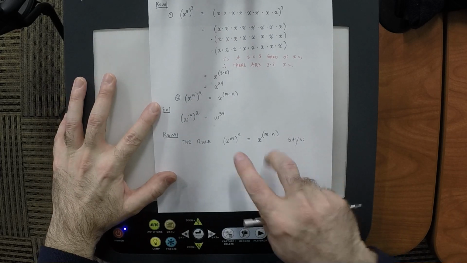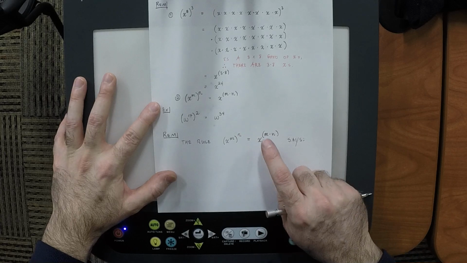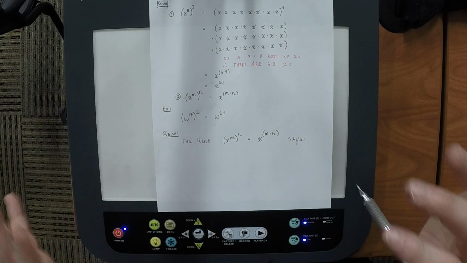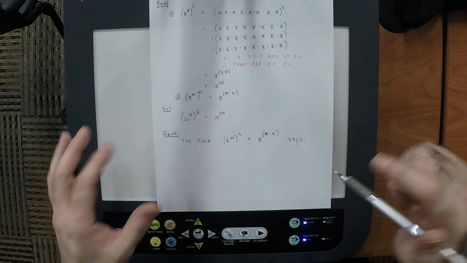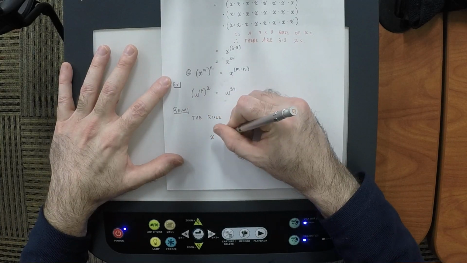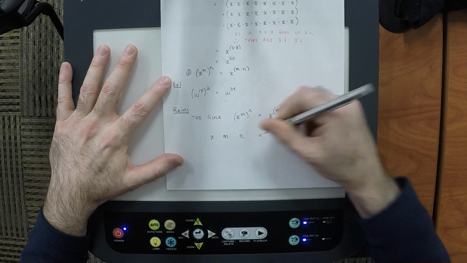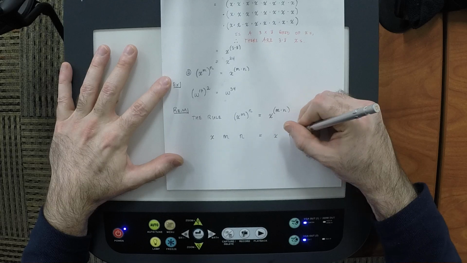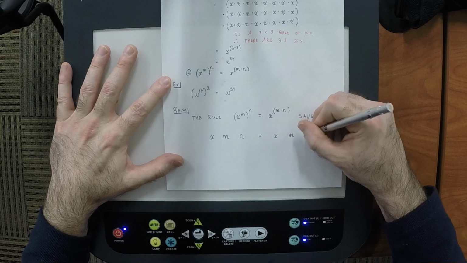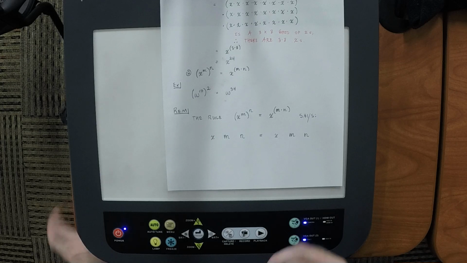Notice that this is an equation. The left-hand side has three symbols, x, m, n, and the right-hand side has three symbols, x, m, n. So they both have x, m, and n. Now the parenthesation is different on each one.